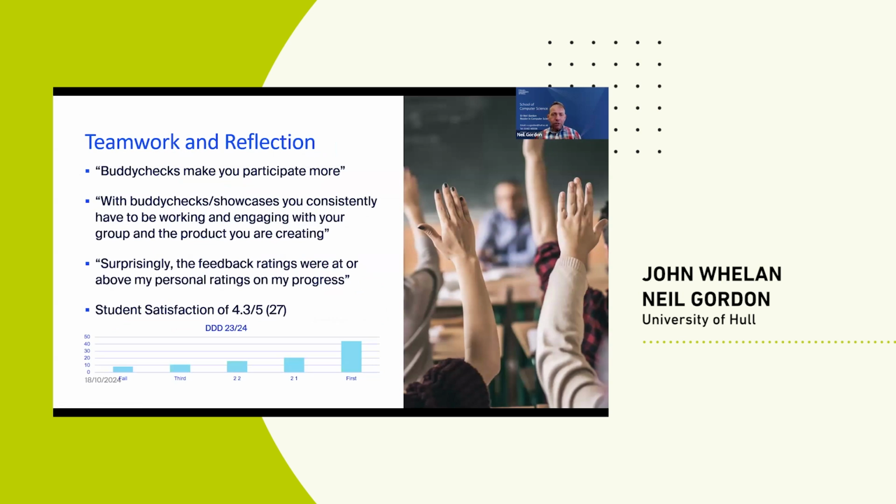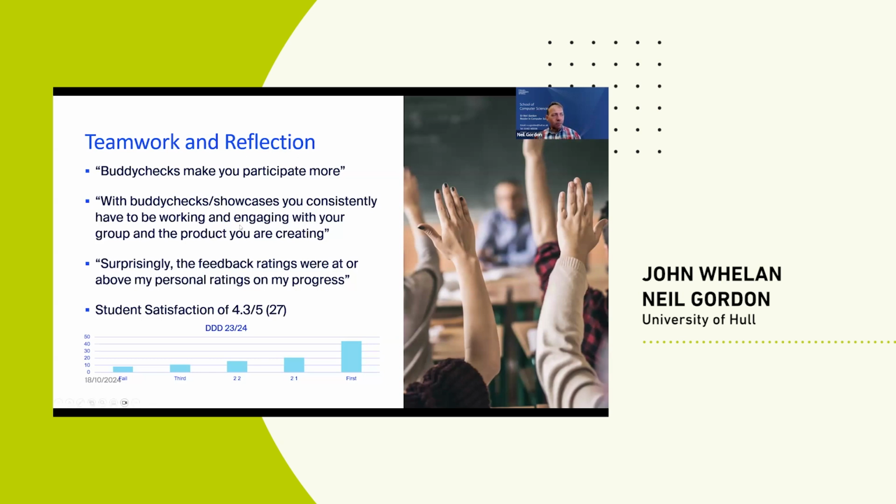I get them to work on that reflection side using the Buddycheck tool to see how we're all doing. So what they found was that Buddychecks, every 3 to 4 weeks, made them participate more because they knew that their teammates were telling each other: student A has done a lot, student B has helped quite a fair amount, student C hasn't done much at all. And so you can see that and share that transparently, progressing through, it encouraged them to engage.